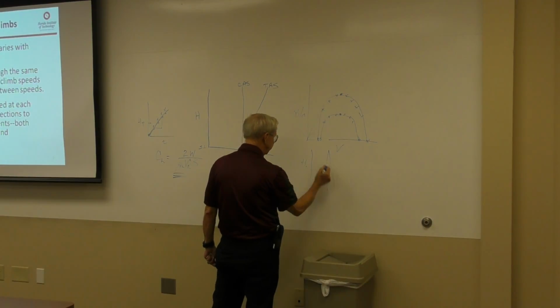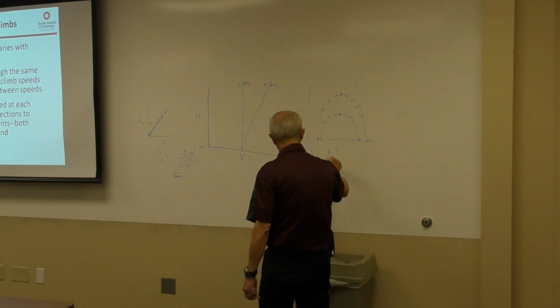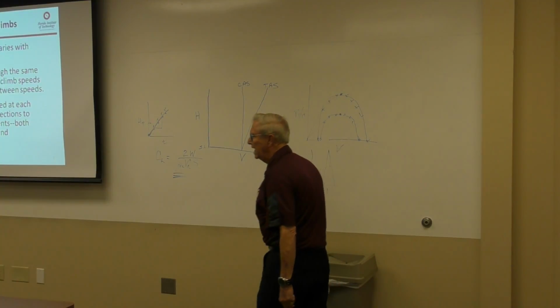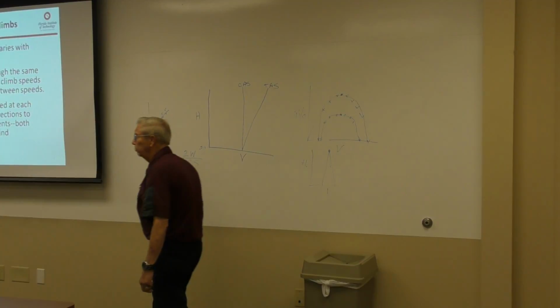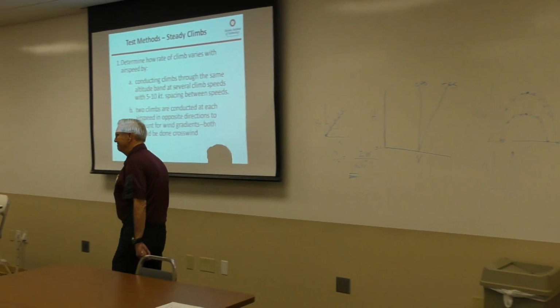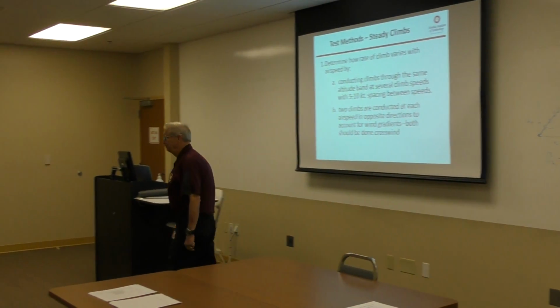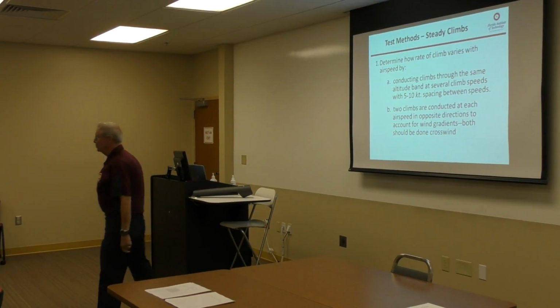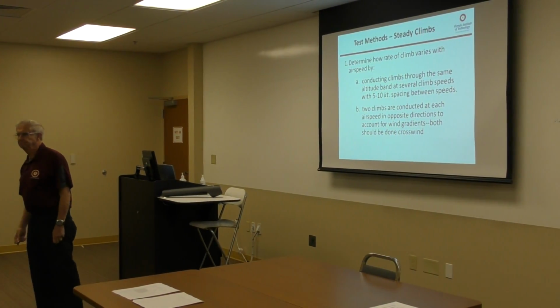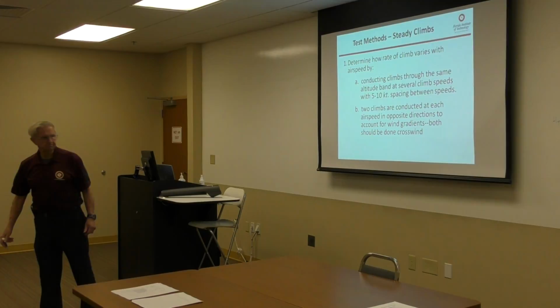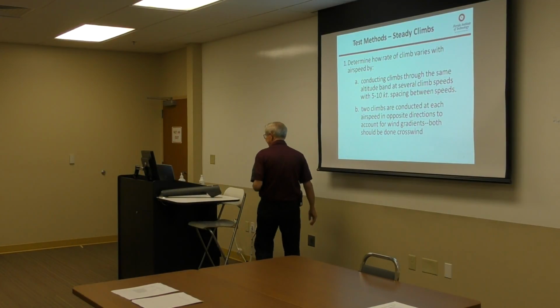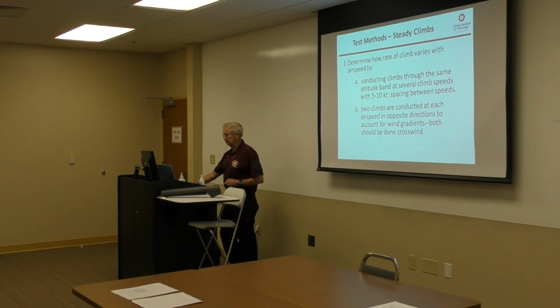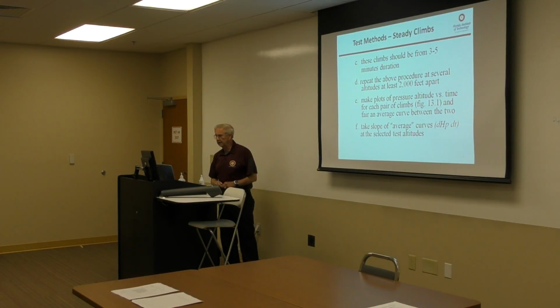We can plot up the best rate of climb speed and the best angle of climb speed, and they all come together in a point at what altitude? Absolute ceiling. Okay? So I'm getting ahead of myself here, ahead of the charts, but this is what we're doing.